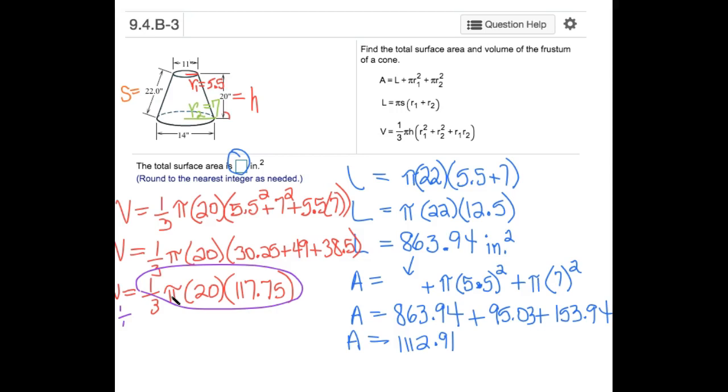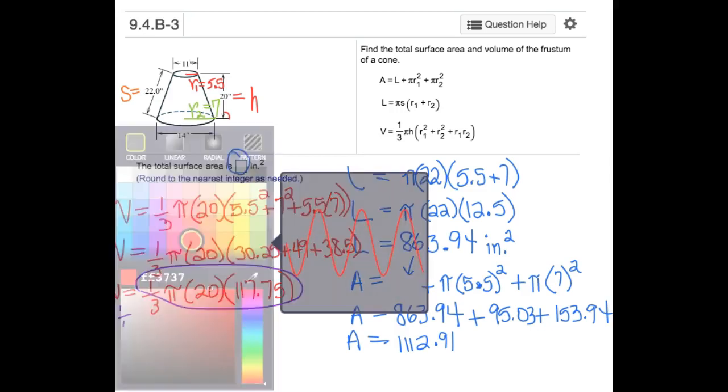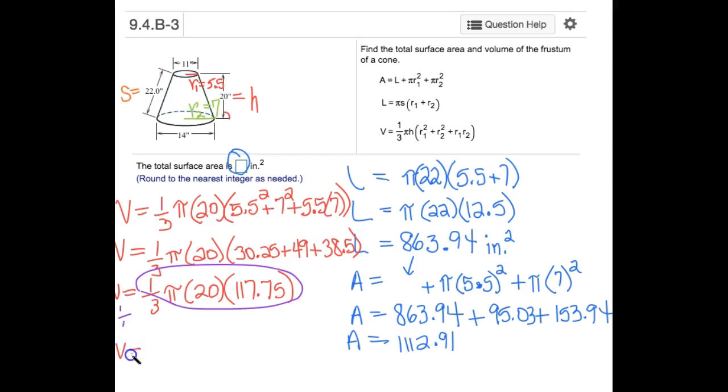You can put that all in your calculator at once. It should work out if you do it correctly. And then you get 2,466.15.